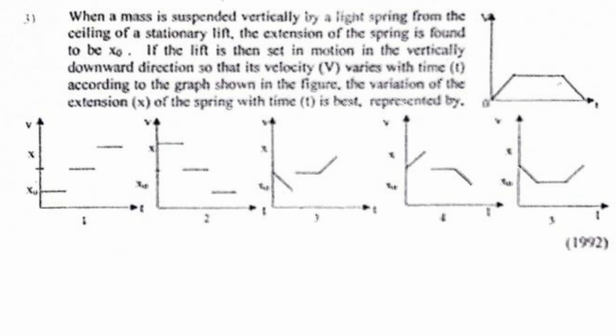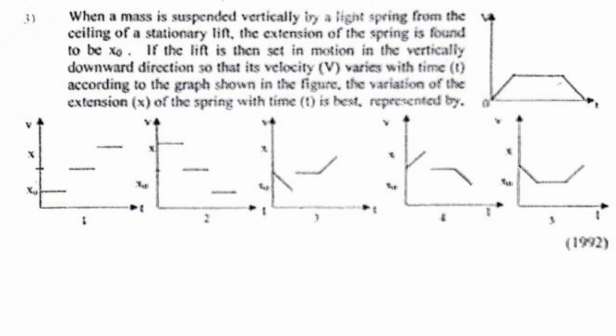Then question number 3. When a mass is suspended vertically by a light spring from the ceiling of a stationary lift, the extension of the spring is found to be x0.